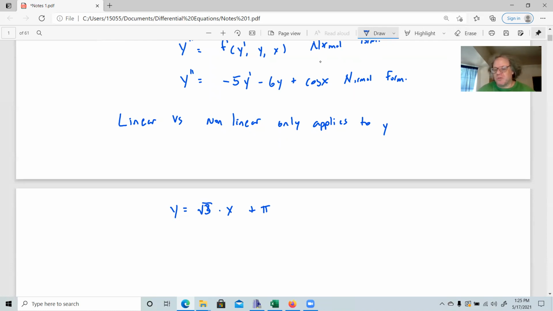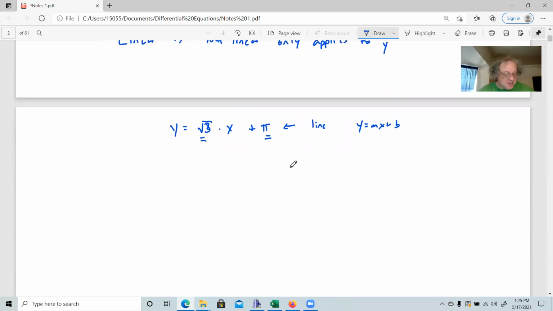To somebody in algebra 1, this is terrifying, but it's still y equals mx plus b. I'm not going to fool you. You're going to say, well, that's a line, it's linear. Even though this coefficient isn't a nice number, and this is a square root, it's not an integer. But we don't care what those coefficients are. Same thing applies, except now you have to boost it up by one level.